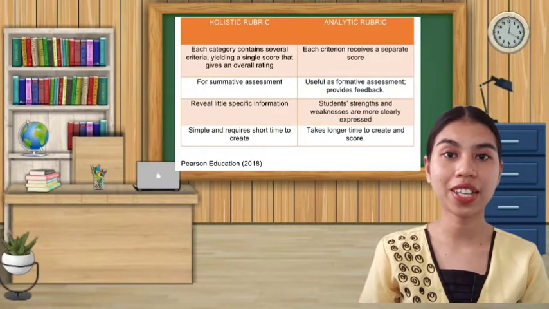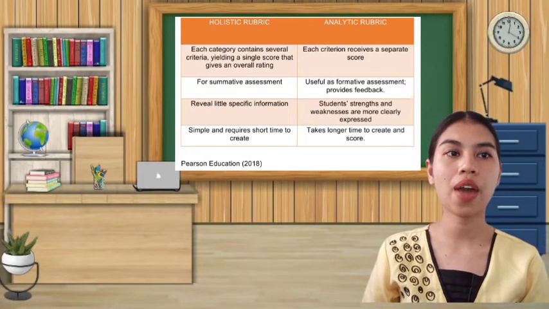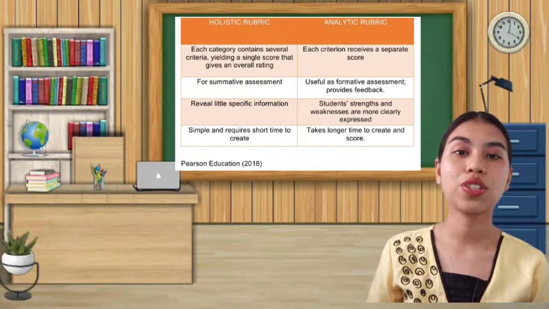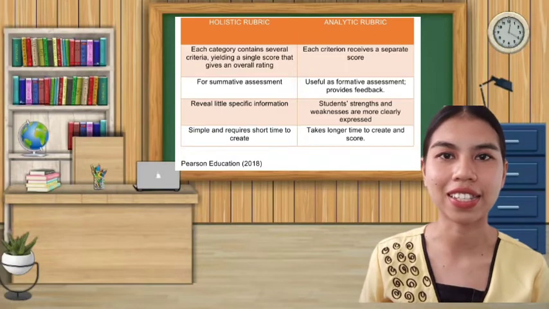And yes, the holistic rubric provides very little specific information. However, for the analytic rubric, the student's strengths and weaknesses are more clearly expressed.